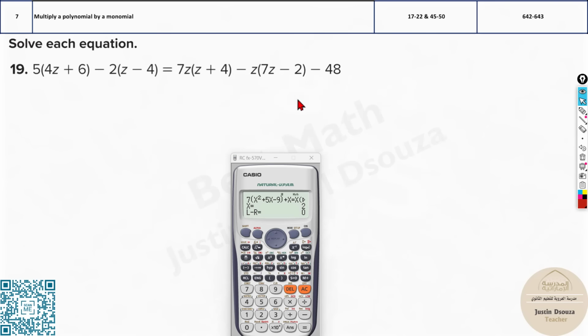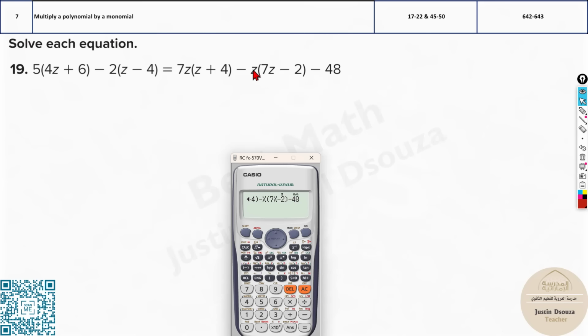Okay, this one. It looks a little bigger, but it's still the same. All you need to do is type it out as it is. Instead of z, we put x plus 6, close the bracket, minus 2 times x minus 4, close the bracket, that is equal to 7x times x plus 4, close the bracket, minus x times 7 times x minus 2, close the bracket, minus 48.